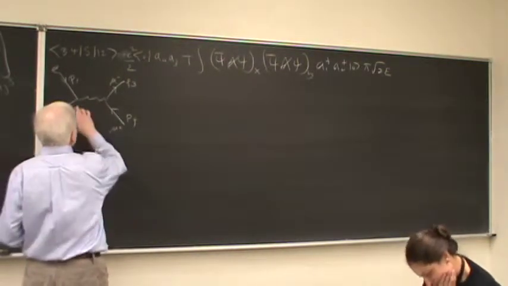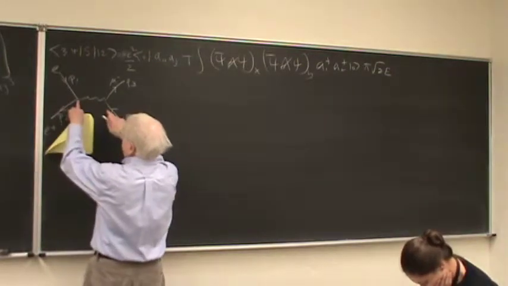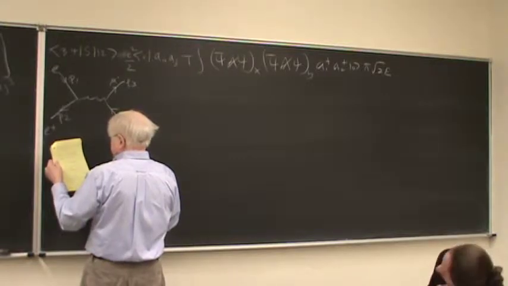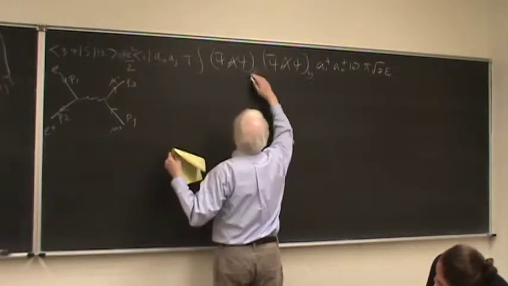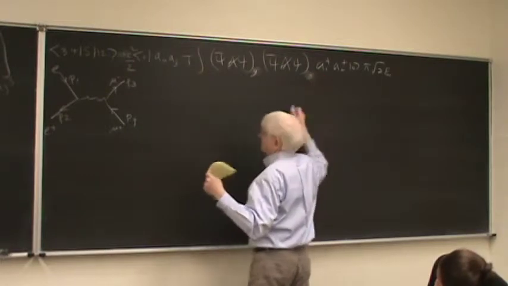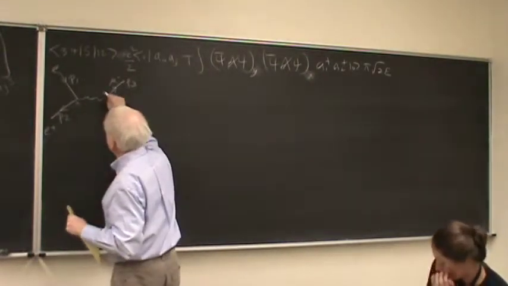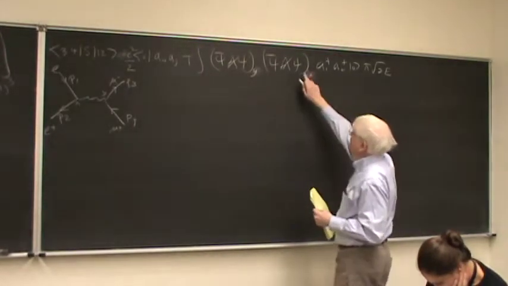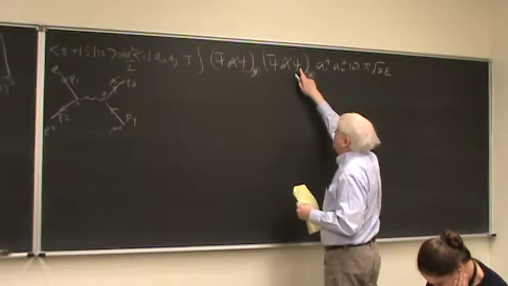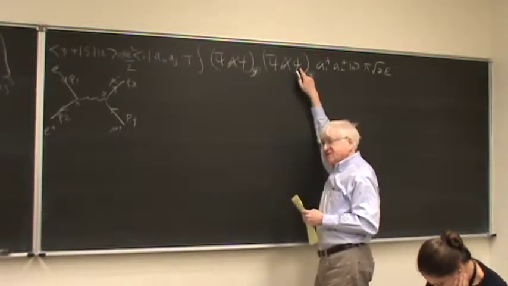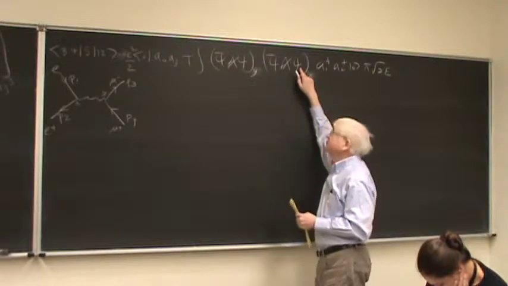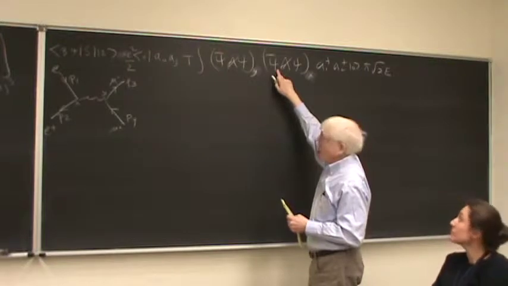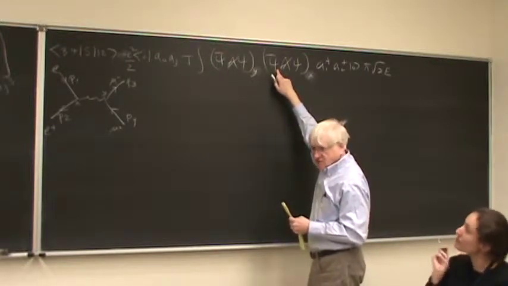And if we think of this as a space-time diagram, we can say this is X and that's Y. I think the way I did it then was to call this one X and that one Y. And in that case, the field psi at X is going to stop the incoming electron, and psi bar is going to stop the incoming positron.